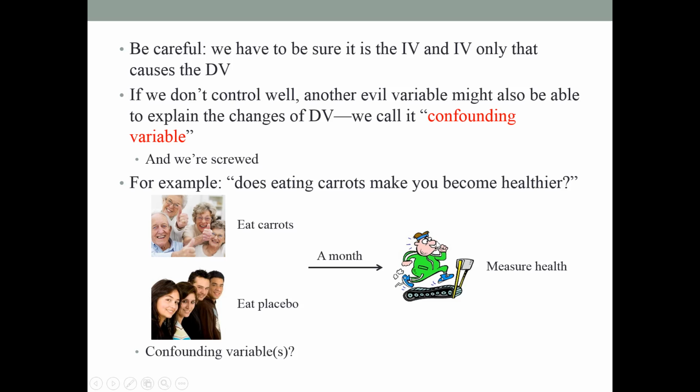Now, when we see the result, we don't know if the result is because of the carrots versus placebo, or because of the age. So this is a very bad design. We need to do random assignment, more about that later. But the age is the confounding variable.